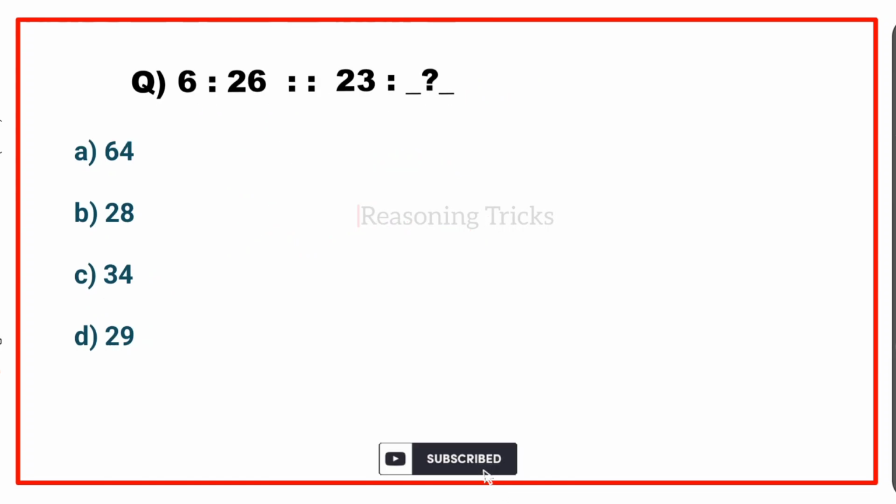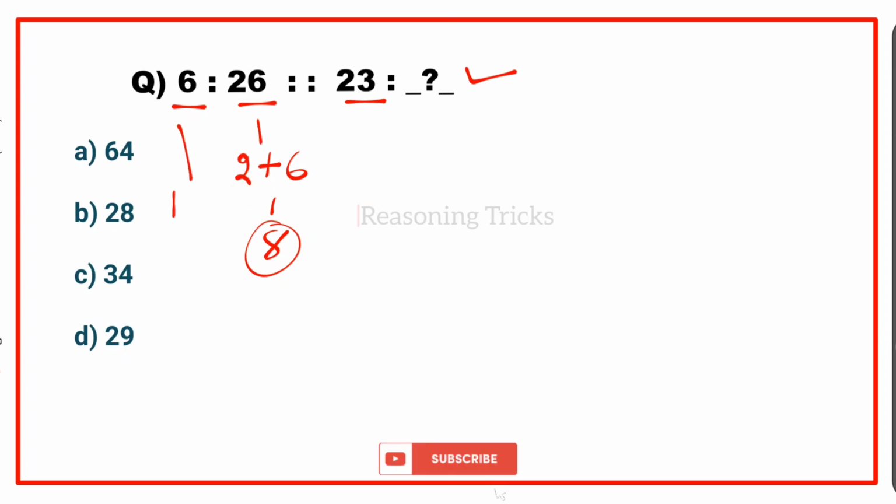Then 6 is to 26 and 23 is to question mark. It's a tricky question. Let's see. Here we can see 26: 2 plus 6 is equal to 8. If we add 2 in 6, then we get 8.